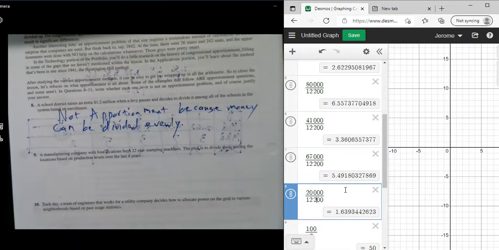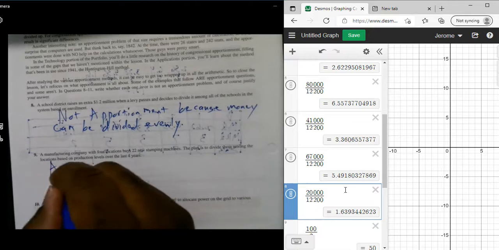Okay, number 9. A manufacturing company with 4 locations buys 22 new stamping machines. The plan is to divide them among the locations based on production levels over the last 4 years. So if you look here at 22, we know 4 does not go evenly into 22 for the 4 locations.